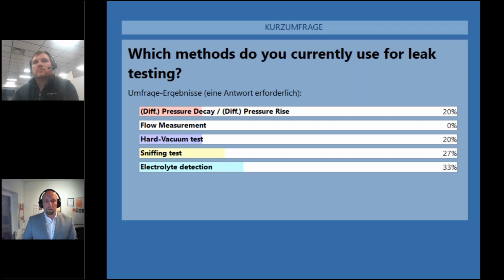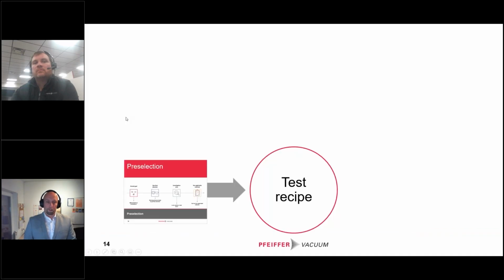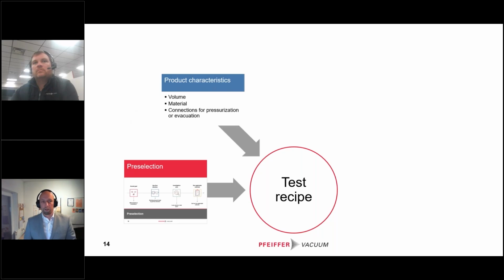But let's still continue a moment for the test recipe parameters which influence or should be considered while defining this test recipe. And the first thing to consider is for sure your product characteristics. What is the volume of your product? What is the outer material or the inner material of your product?